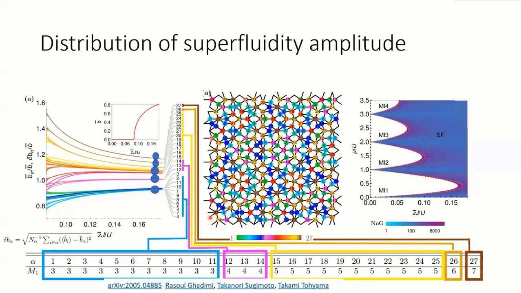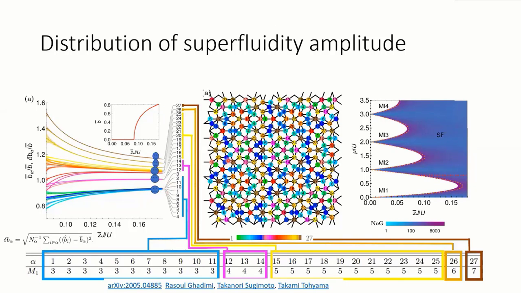Here I show, for this line of chemical potential from the phase transition to large J, the distribution of the order parameter, or superfluidity amplitude, for each kind of vertex. For example, here I calculate the order parameter for all vertices labeled 1 and represent it here.